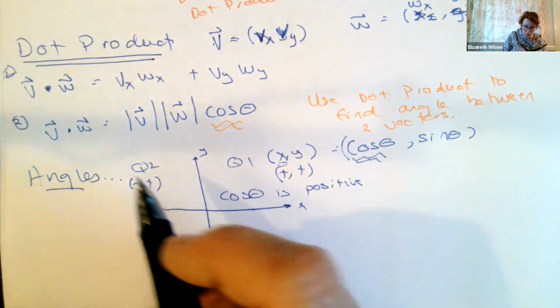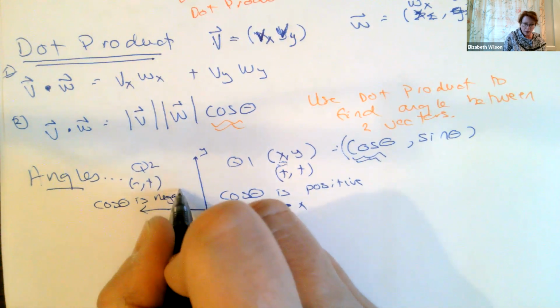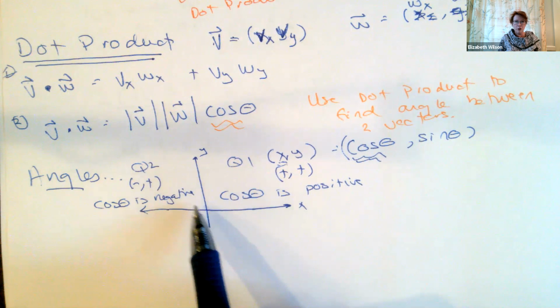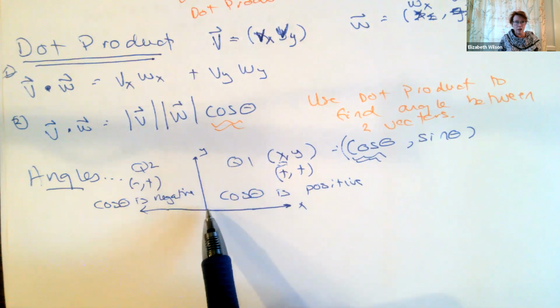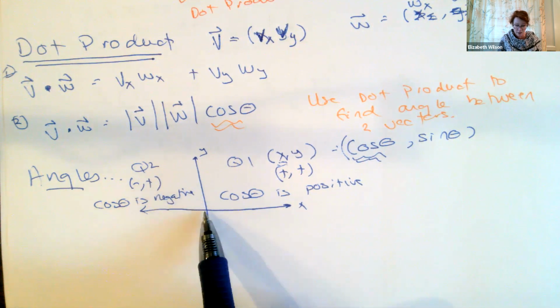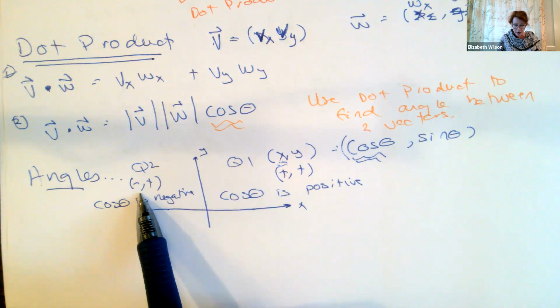In quadrant 2, cosine of theta is negative. And that comes from our unit circle. We're tracking it around because our cosine is going to be adjacent over hypotenuse. Hypotenuse is 1 on our unit circle, so adjacent is our x coordinate. So that's our cosine of theta. That's negative. It tracks with our x.